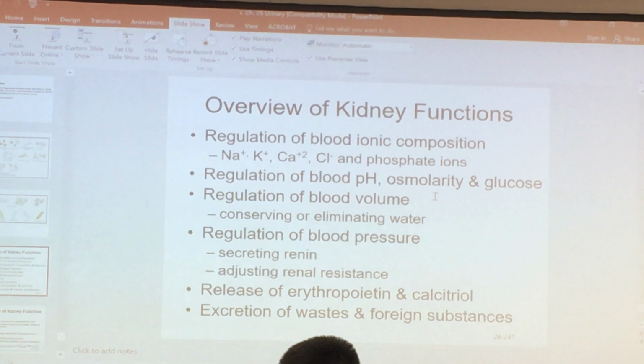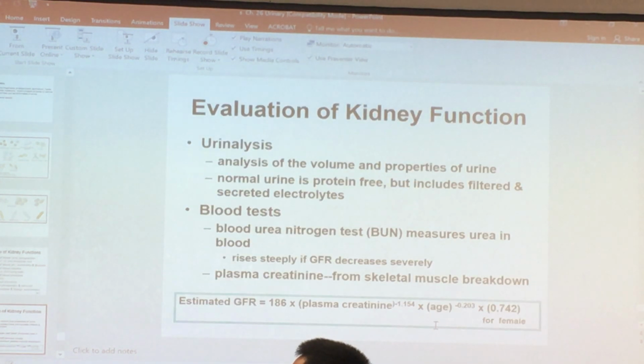Blood pH value, osmotic pressure, glucose, blood volume, blood pressure, and also endocrine cells produce EPO, which helps red blood cell formation, and calcitriol, which helps the calcium absorption from the GI tract. You can get rid of this urea. Okay, so it's a very important organ.